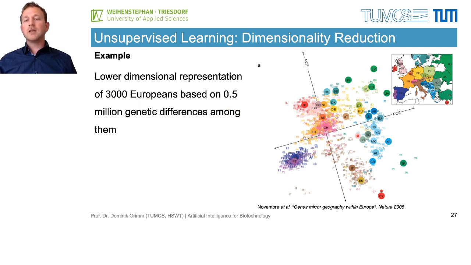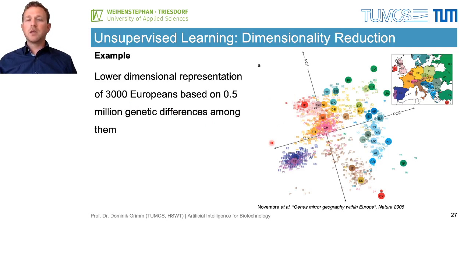And then they highlighted these different individuals based on their origin, where they were born. And you can see, based on this color coding, that this very much looks like the European landscape. If you look here at the European map, then you can see this information in the principal component analysis. So, based on the genetic differences of 3,000 Europeans, we can draw the European map.